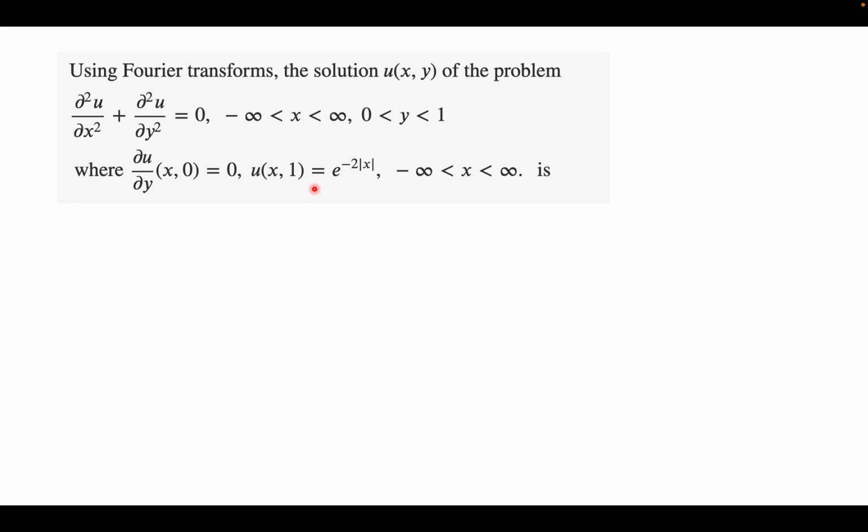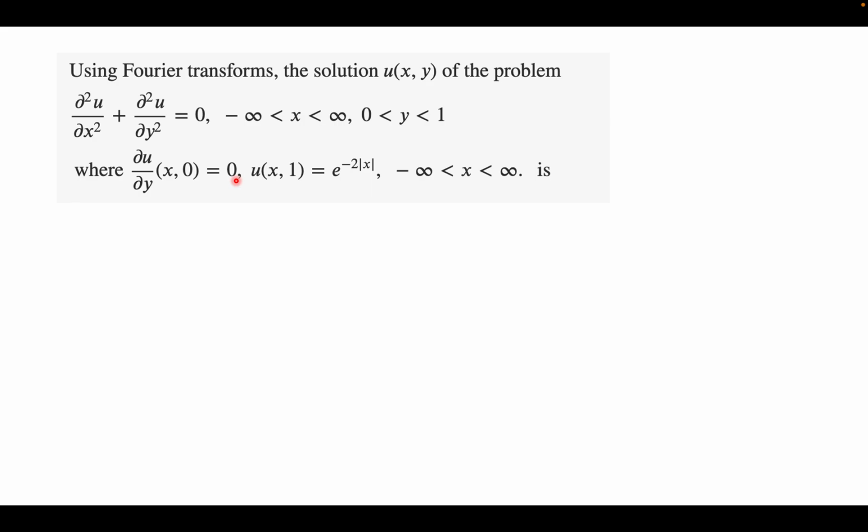You will use the x variable, and you will use the normal Fourier transform. Okay, so why in terms of x? Because x is ranging from minus infinity to infinity, and x is not from 0 to infinity or minus infinity to 0, so you need to use the normal Fourier transform. Okay, so let's see how to solve such a problem.